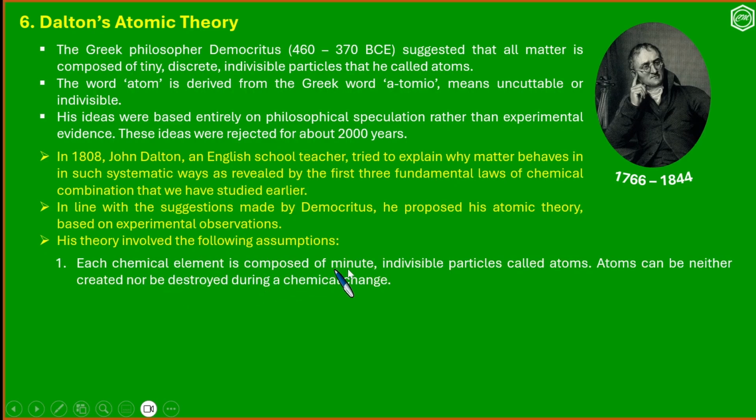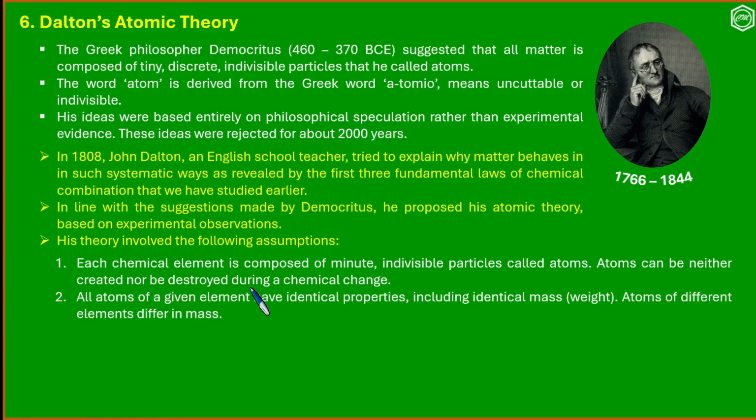Each chemical element is composed of minute, indivisible particles called atoms. Atoms can neither be created nor destroyed during a chemical change. All atoms of a given element have identical properties, including identical mass. At that time, the word used was weight.